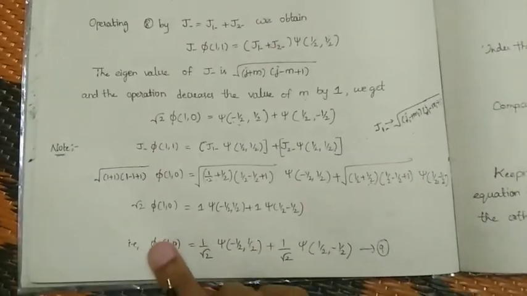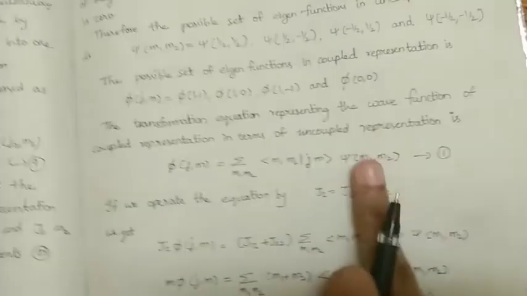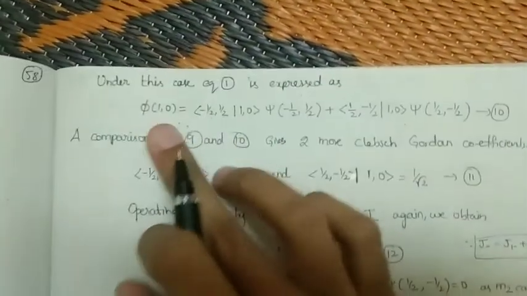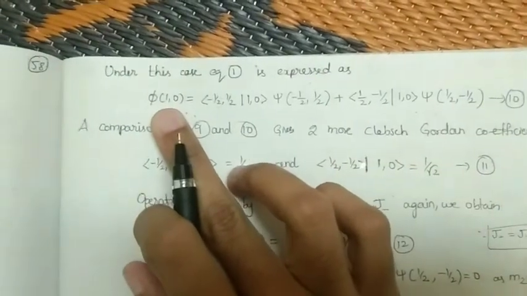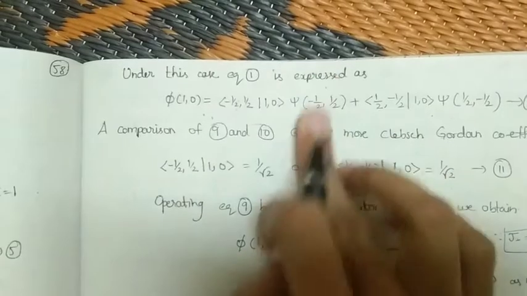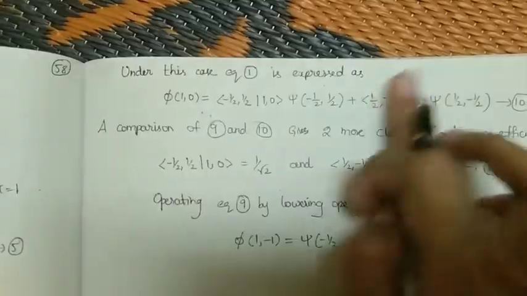Now we have to represent this equation in the form of equation 1, that is phi of j comma m expressed as a summation of wave functions. So equation 1 is expressed as phi of 1 comma 0 and a summation of these wave functions multiplied by the Clebsch Gordan coefficients.